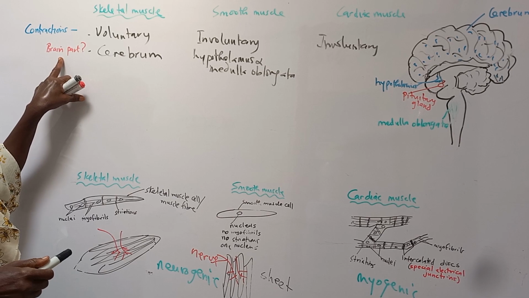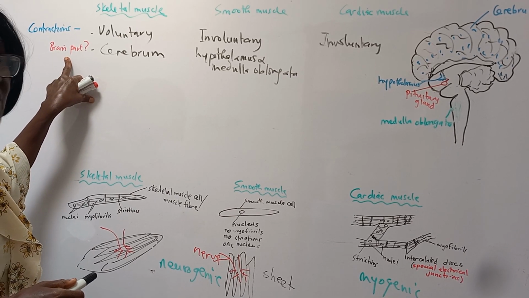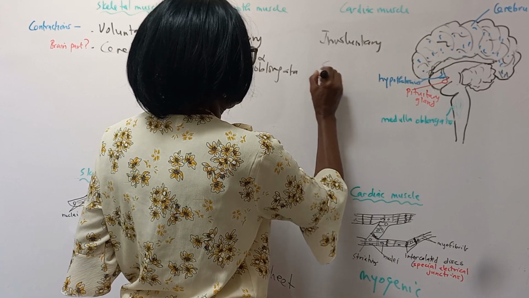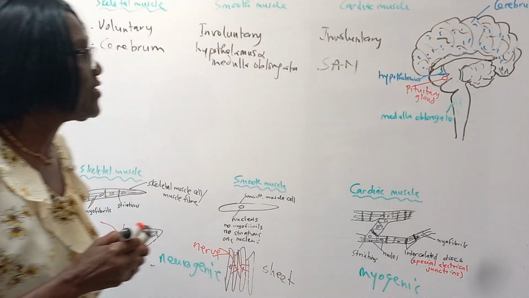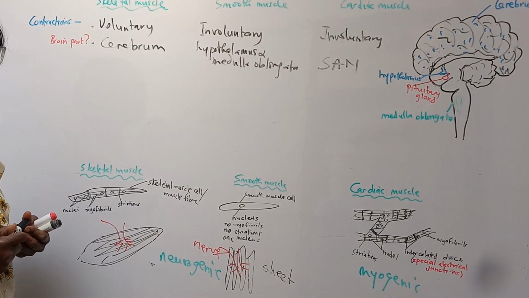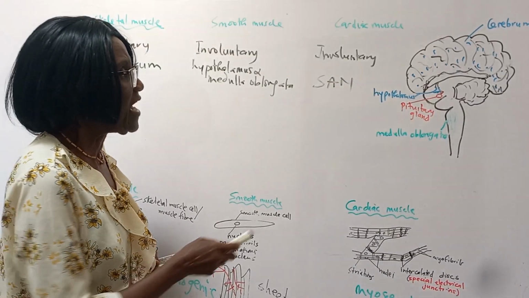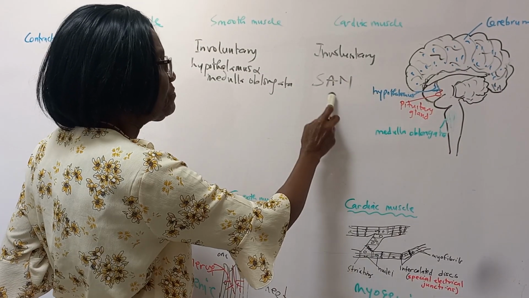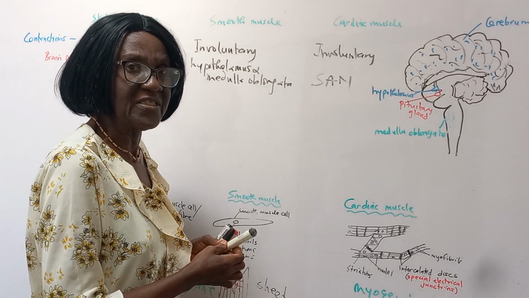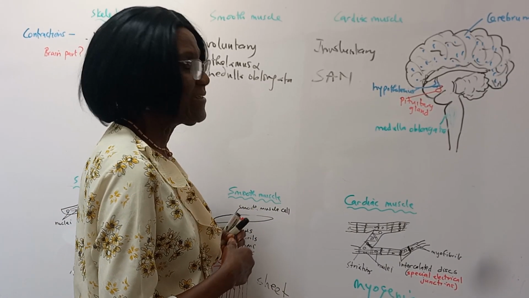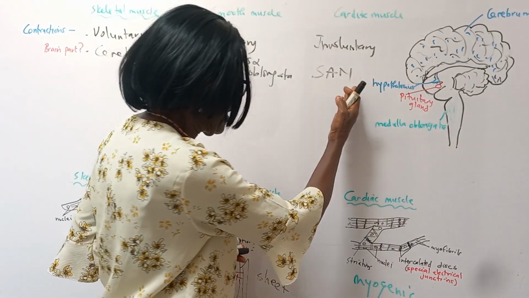The part that controls them normally is not the brain, it's the SAN, the sinoatrial node. However, as we explained, when the normal heartbeat has to increase, the medulla oblongata and adrenaline come in.